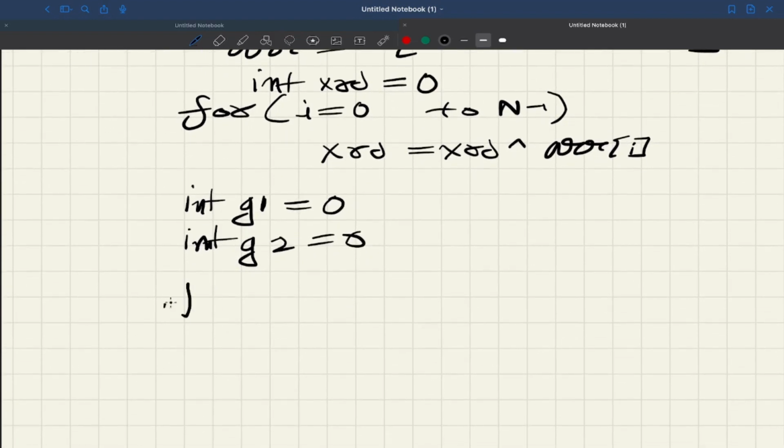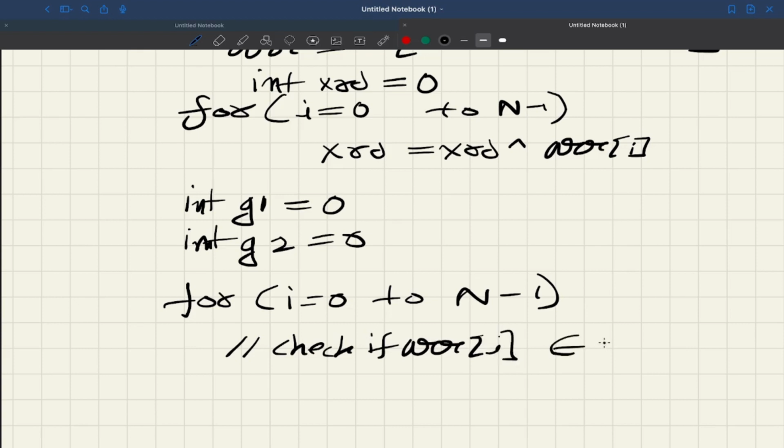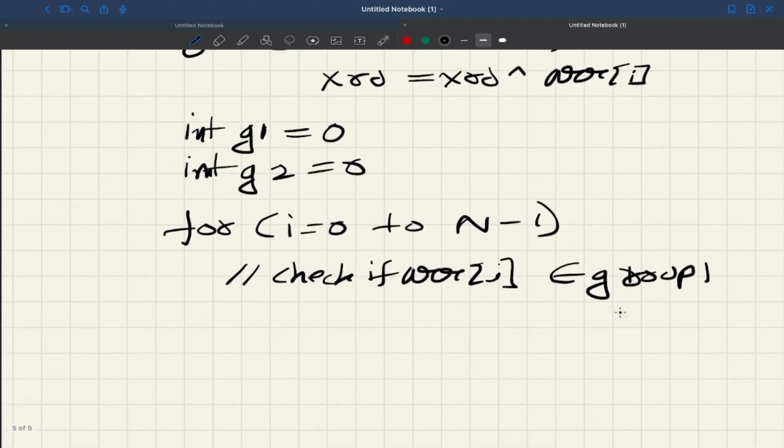Now iterate from i equals 0 again in the array. First I'll check for group 1: check if ARR[i] belongs to group 1. How will I check?